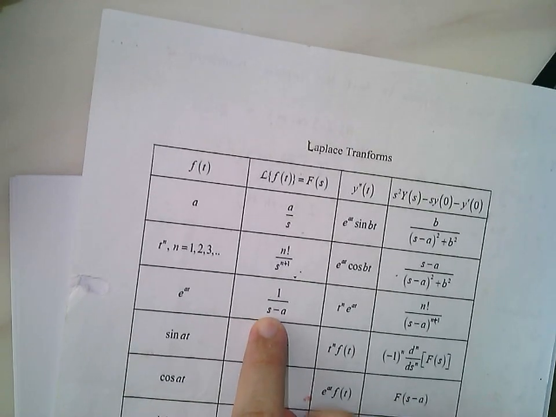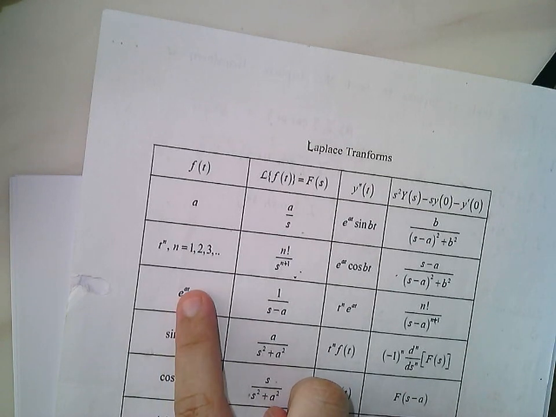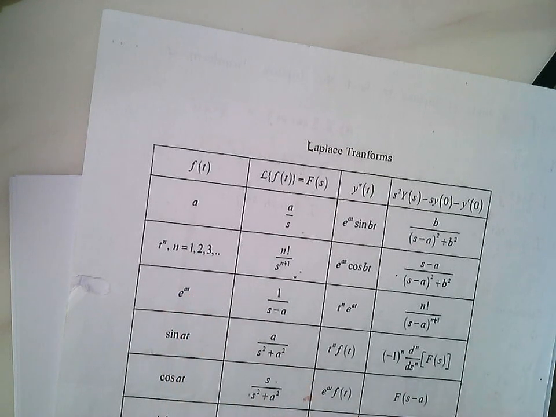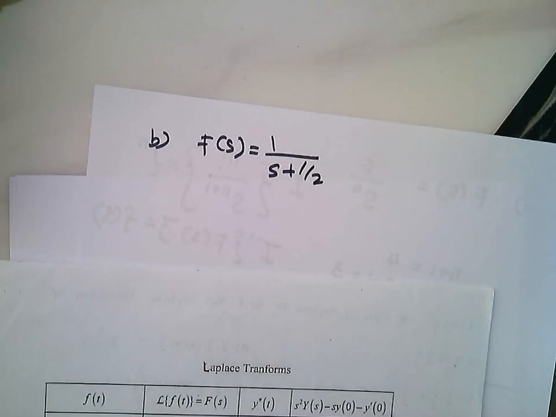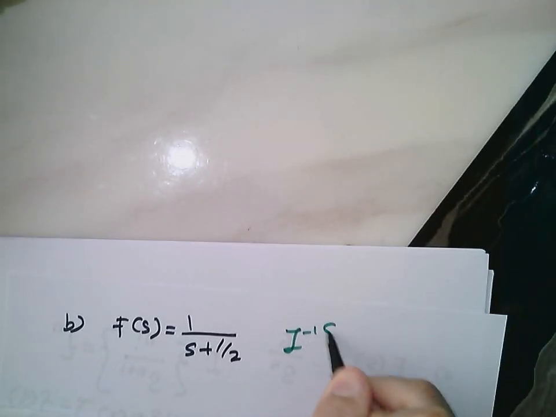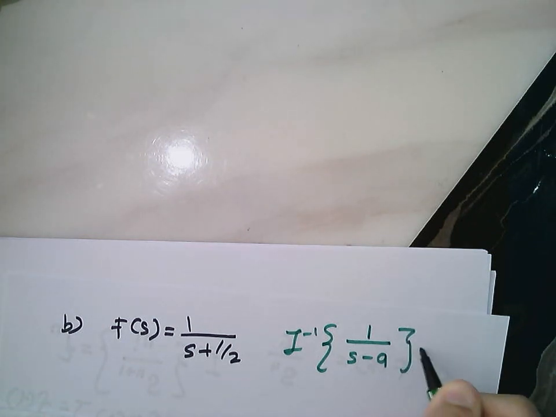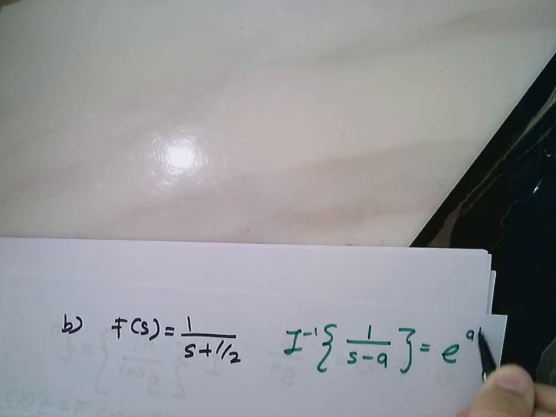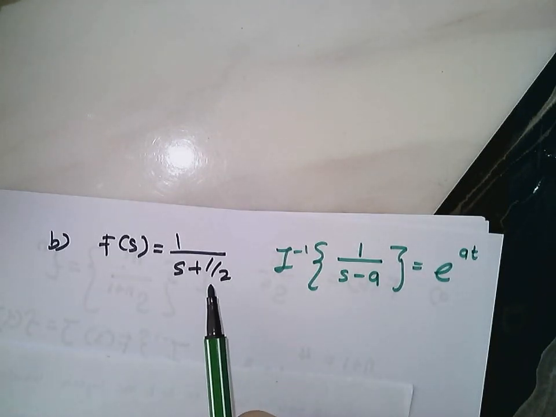You know that the inverse of this one is equal to e to the power of a t. Generally we have the Laplace inverse of 1 over s minus a is equal to e to the power of a t.